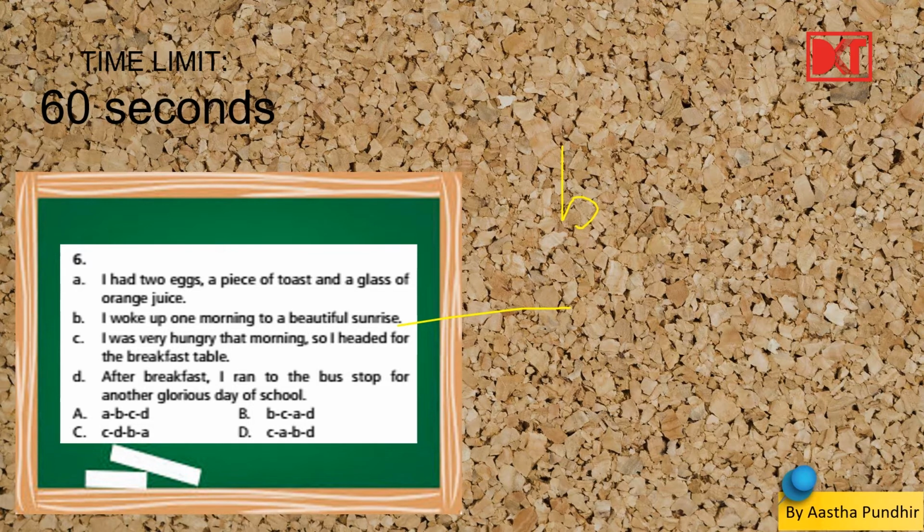Then I was very hungry that morning, so I headed for the breakfast table. So then at the breakfast, what did this person have? I had 2 eggs, a piece of toast and a glass of orange juice. And then after breakfast, I ran to the bus stop for another glorious day of school. B, C, A, D. The answer is B.